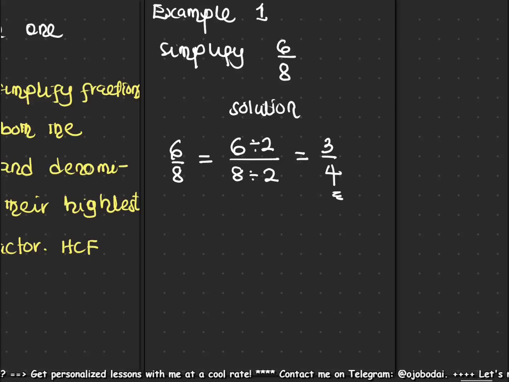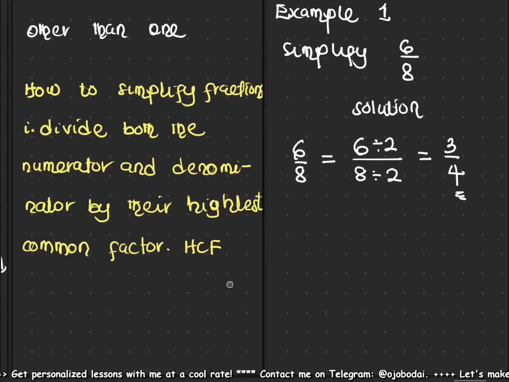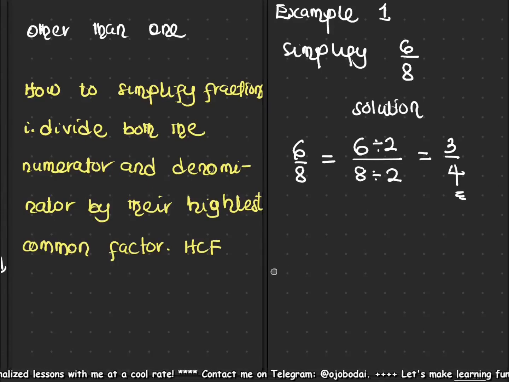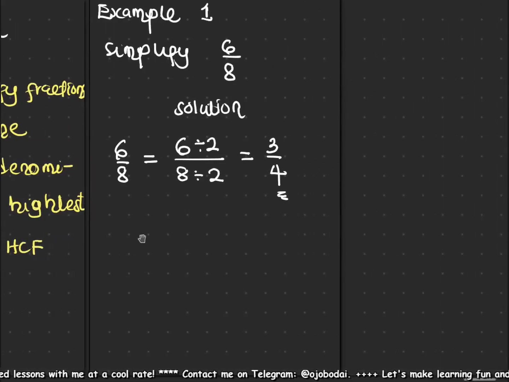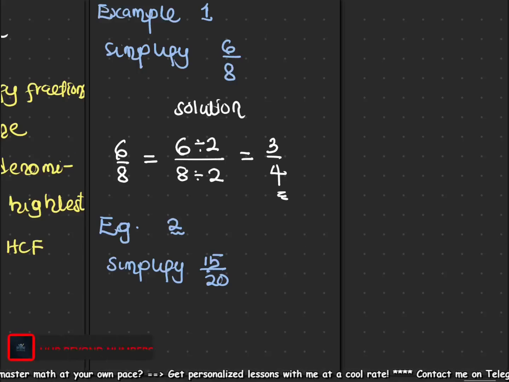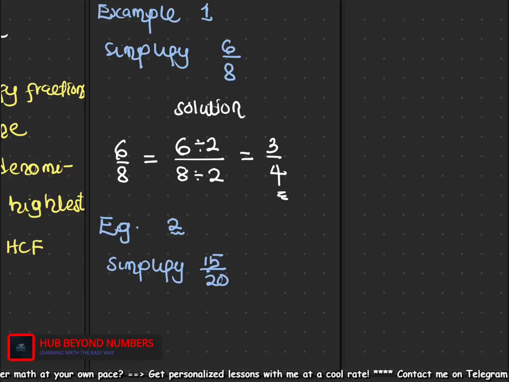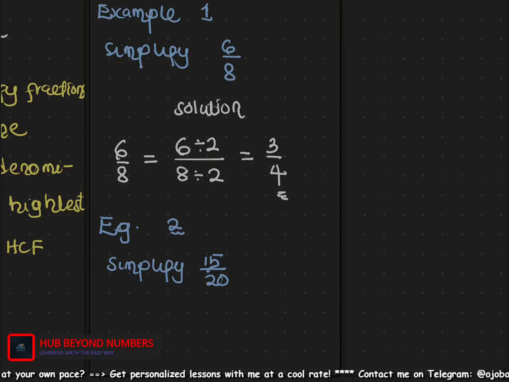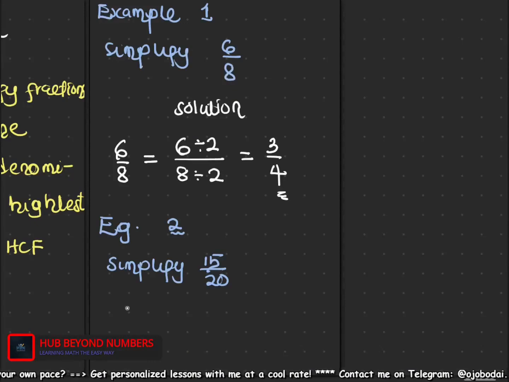So we have seen the method being applied. We divide both the numerator and the denominator by their highest common factor. Let's look at another example. In this example, we want to simplify 15 over 20.